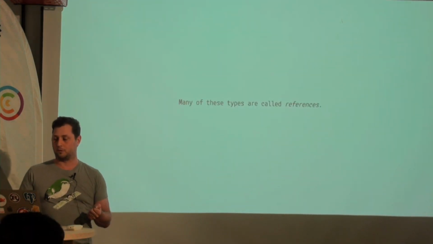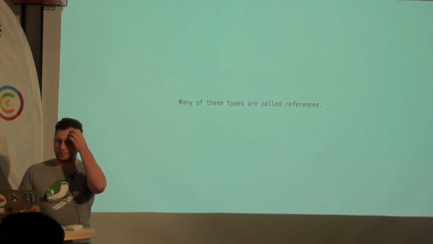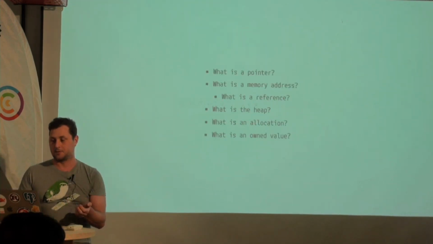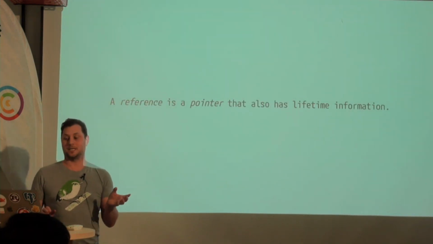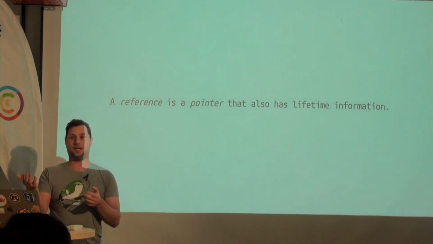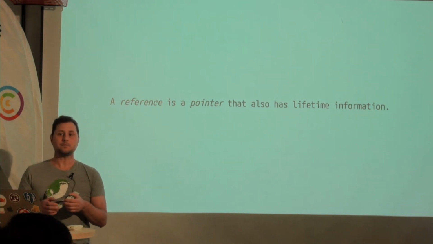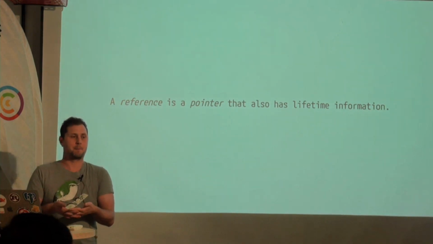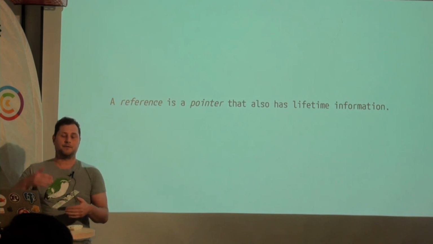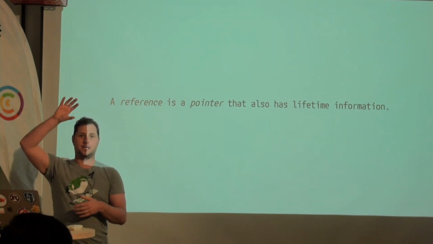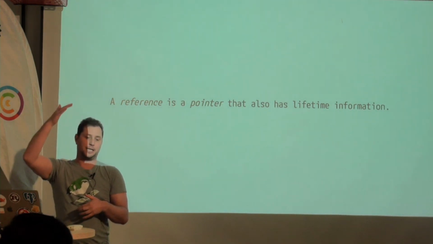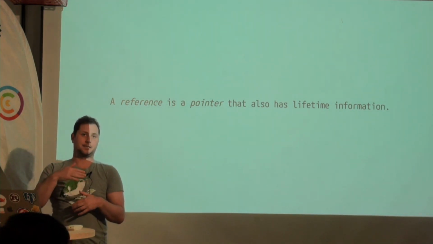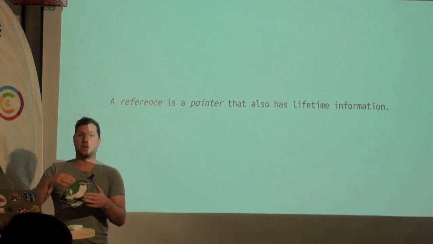Many of these types are called references. I've been using that terminology without defining it. So now we have another question, like, what is a reference? A reference is actually a pointer that also has lifetime information. So what do I mean by a lifetime? If I imagine a program started at 0, and then at the end of the program, or when it exits, it's at 10.